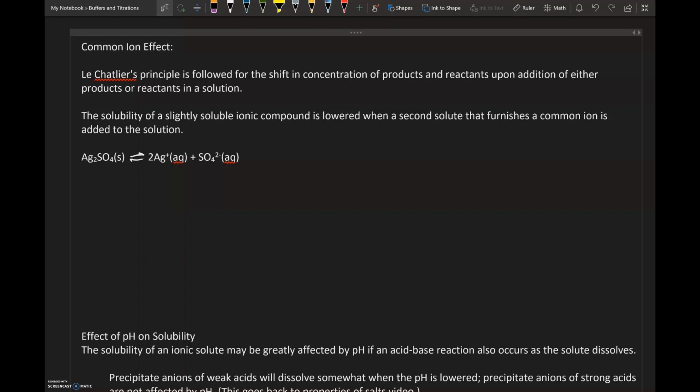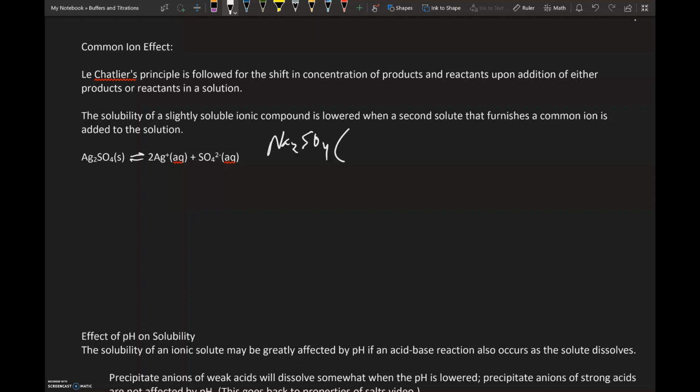So if we look at the equilibrium that you see here with the silver sulfate, you form the 2 silver ions plus the sulfate ions. Now this naturally forms its own equilibrium, but if you introduce, let's say, sodium sulfate, and let's just give it a concentration of 0.1 molar. Well, now when you go in and you work on the ICE chart, before, the concentration of the sulfate ion was 0.